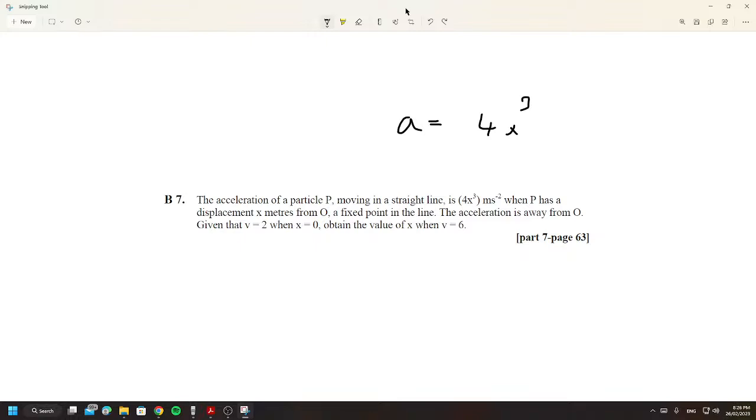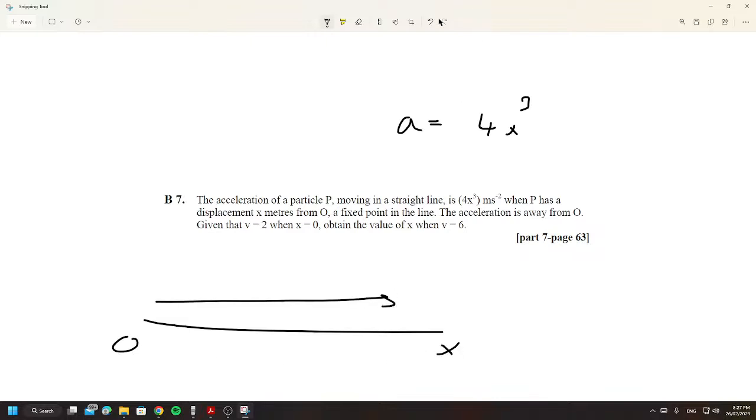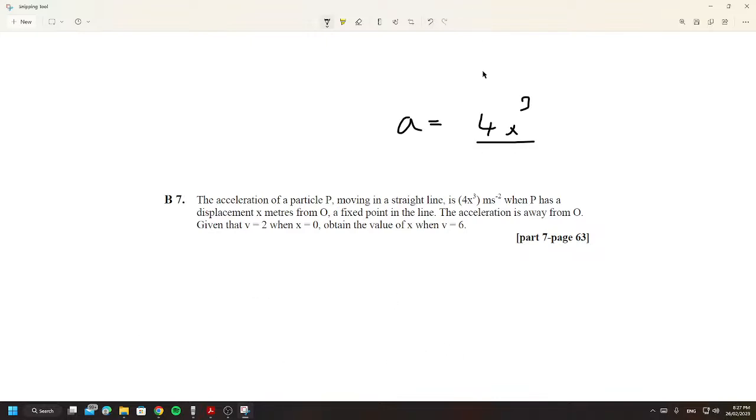Given that v equals 2 when x is equal to 0, obtain the value of x when v is equal to 6. The acceleration is away from O. So we have the line OX, and it is away from O, therefore it is positive 4x cubed, so this is correct. We don't have to play around with the sign.